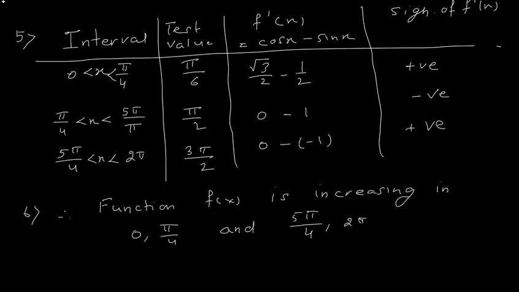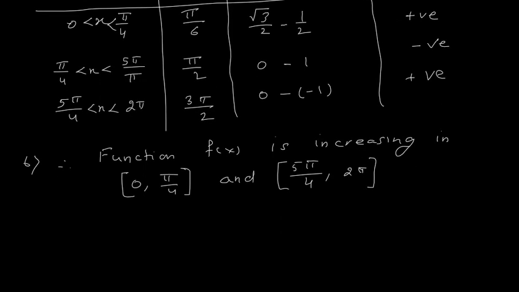So whenever it is increasing, you better use the close bracket. So your function f x is increasing when x belongs to 0 comma pi by 4 union 5 pi by 4 comma 2 pi.